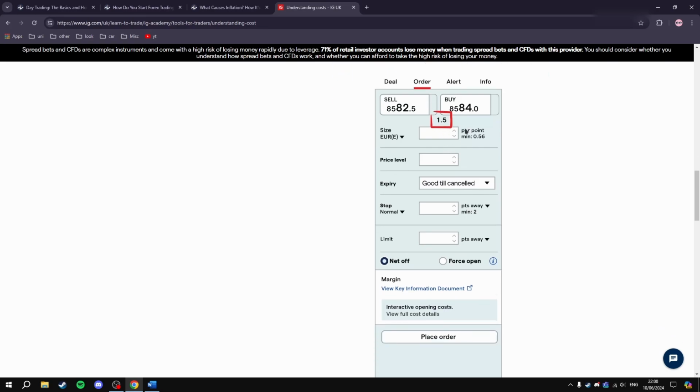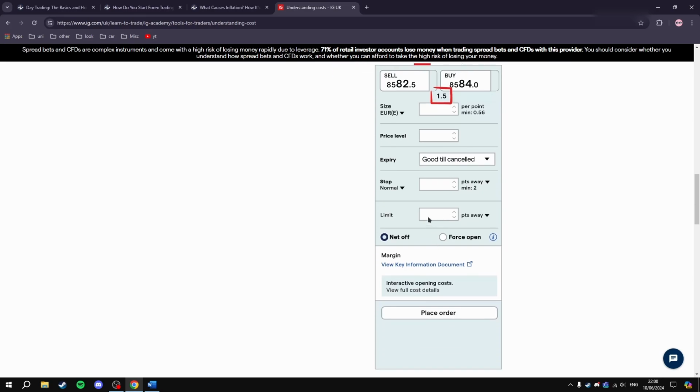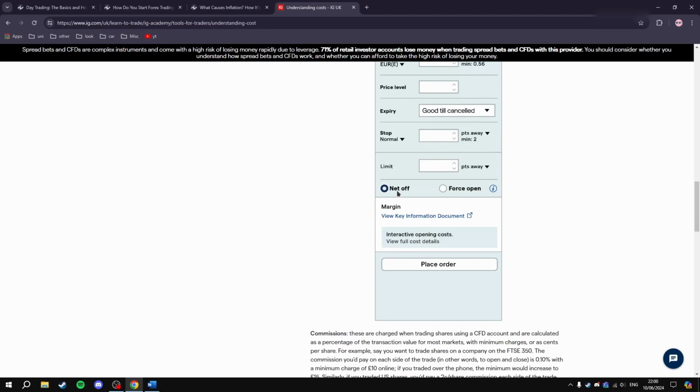So deal order alert info, sell price, buy price, size euro per point, minimum 0.56, price level expiry good till cancelled, stop loss normal, points away minimum 2 points away, limit number of points away, net off, force open.